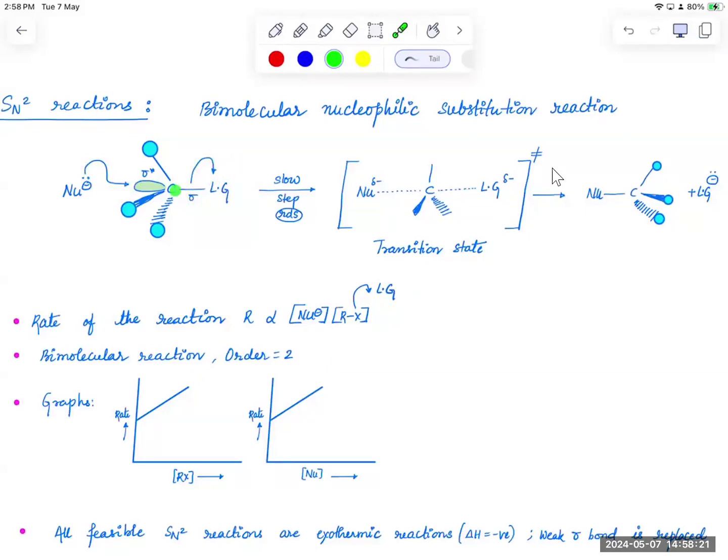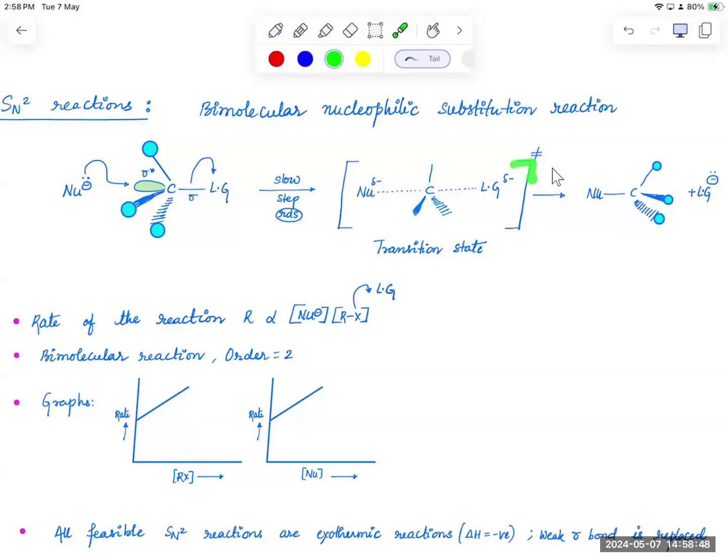Where carbon has a sigma bond, in the opposite direction there will always be a sigma star. So the nucleophile attacks the sigma star, and at the same time the leaving group is leaving. You get a transition state like this, where the leaving group is going from one end, the nucleophile is attacking from the other end, and the other three groups are present on carbon.